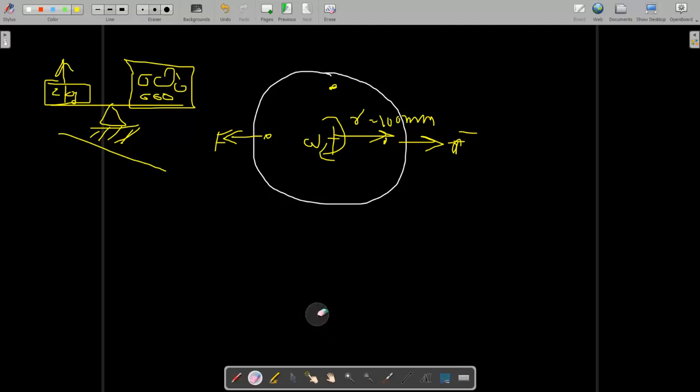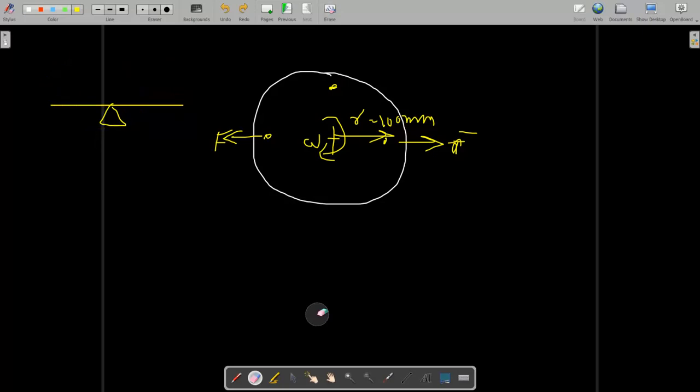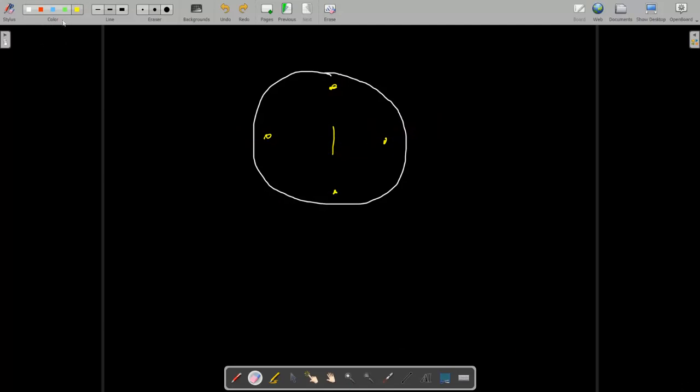Let us look here. Mark these as mass number 1, mass number 2, mass number 3, and mass number 4. These are perfectly balanced and rotating at omega, 10 radian per second.